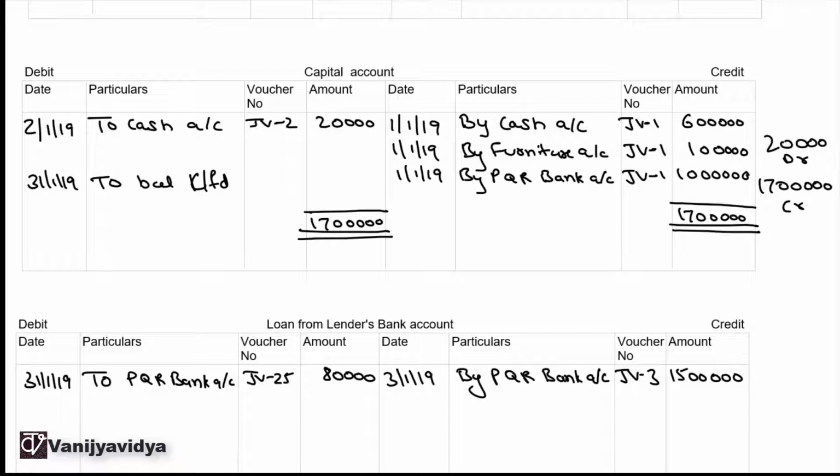So it comes to 16 lakh 80,000. The same balance we are carrying it forward on the credit side of capital account as on 1st Feb 2019. So 1st Feb 2019, by balance brought forward 16 lakh 80,000. Now let's move on to the next ledger account.